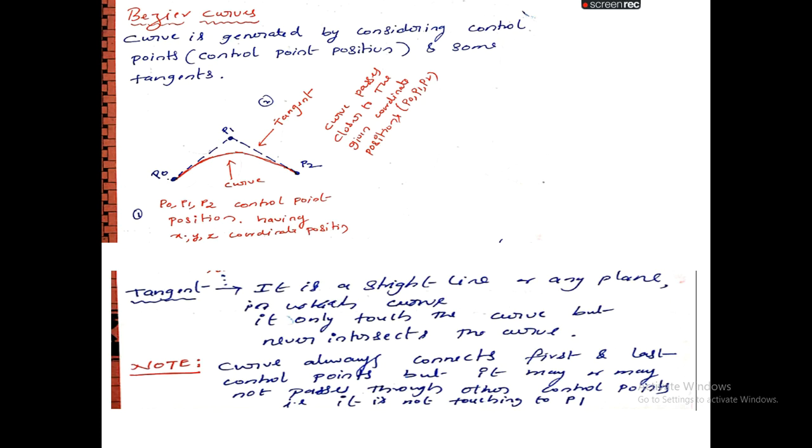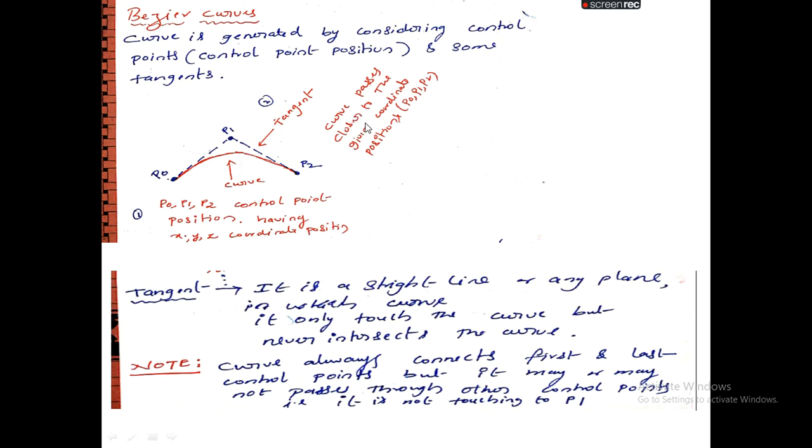The best example is P1. Our curve passes through the first control point P0, but it does not pass through the second control point P1, but definitely it passes through the last control point P2. So this is the rule you need to remember.